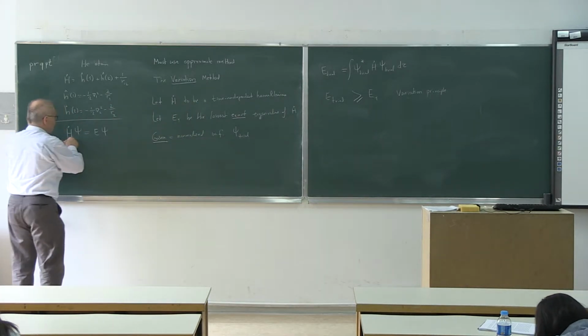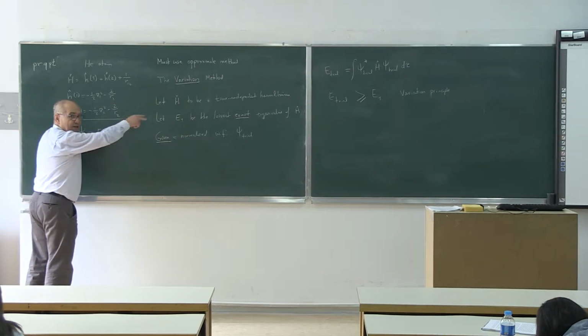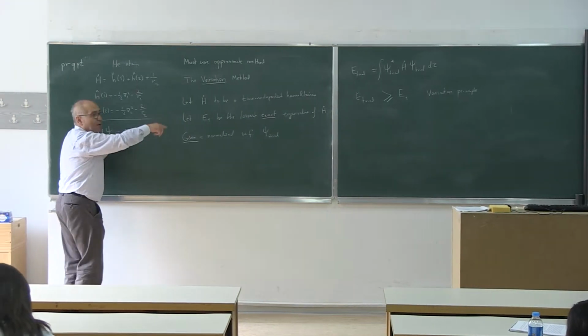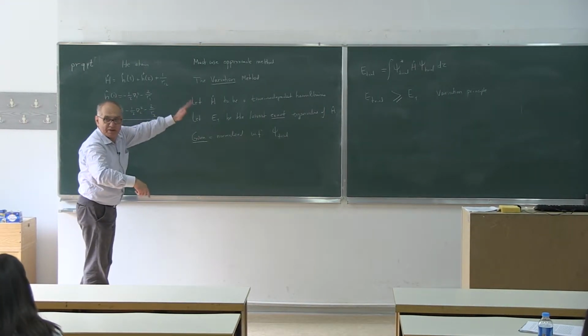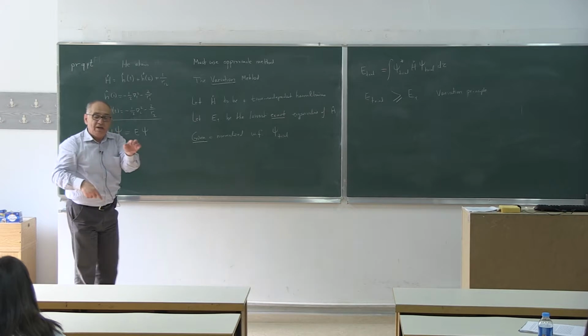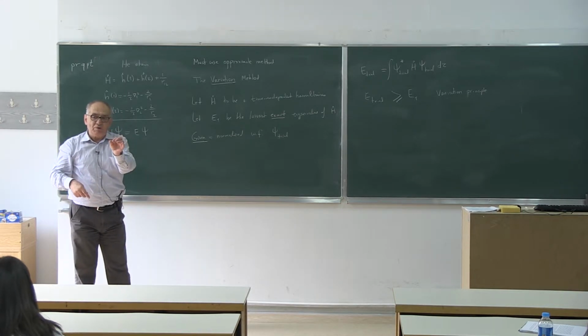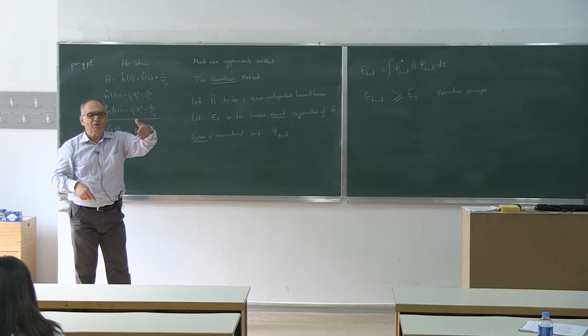Solving for the eigenfunctions of H is very difficult, as we said here. That's why we are resorting to approximation methods. But it turns out that there are certain operators A whose eigenfunctions are more easily found, or in fact they are known.